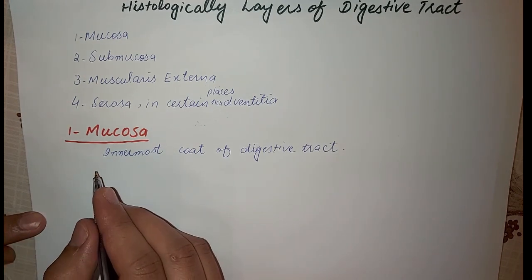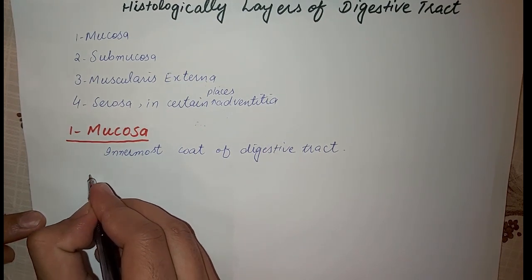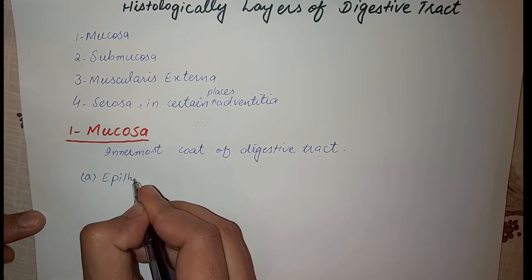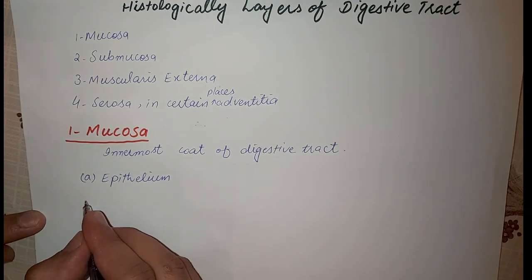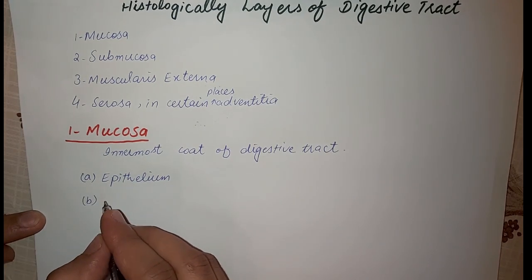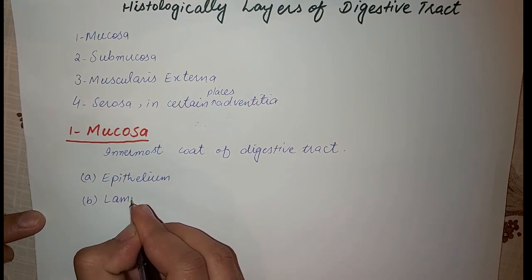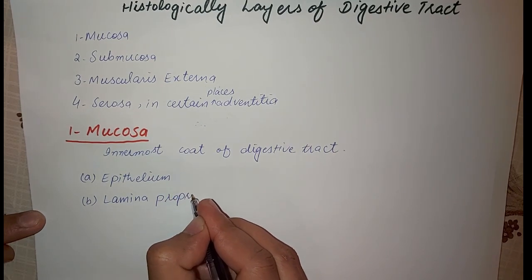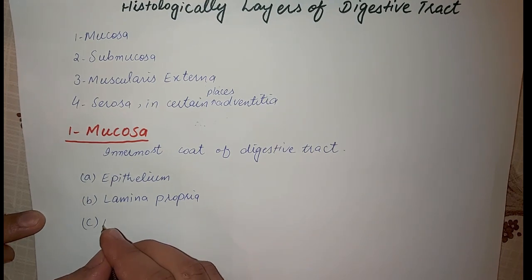Mucosa is also divided into 3 layers. The first layer is epithelium, B is lamina propria, and the third one, C, is muscularis mucosa.